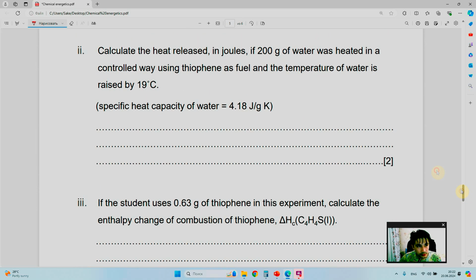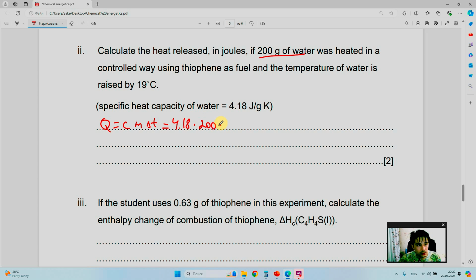Next question. Yeah, you again need to apply these math. So heat released during experiment is again calculated by that formula. So heat capacity of water is this. Mass of a substance heated, water, it's already given in grams. Perfect.